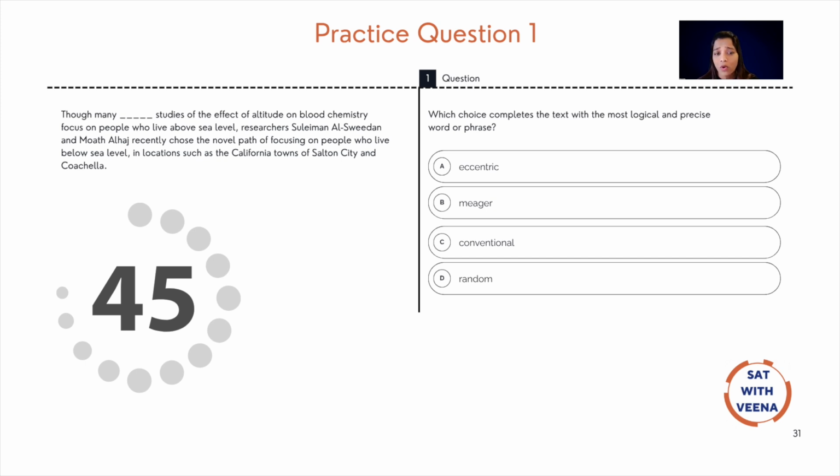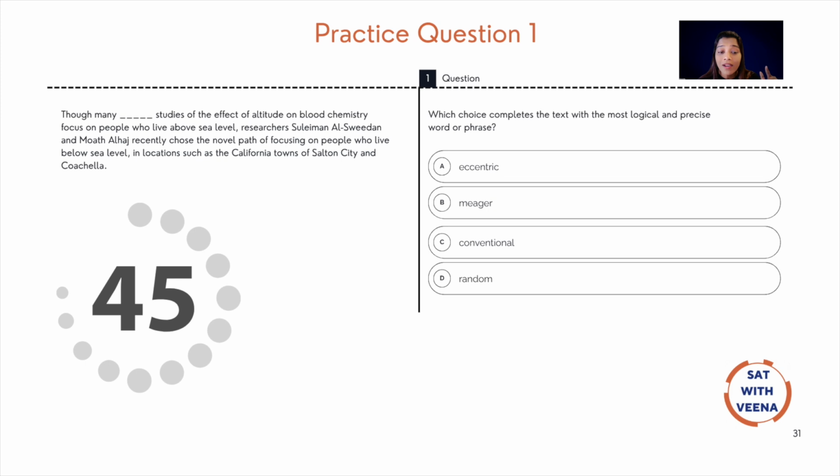This is the opposite of what we need. Option B, meager, small in amount. The sentence is not talking about quantity. C, conventional. Yes, traditional, usual. That matches our prediction perfectly. Option D, random, without a pattern or reason, does not fit the context. So the correct answer is conventional.